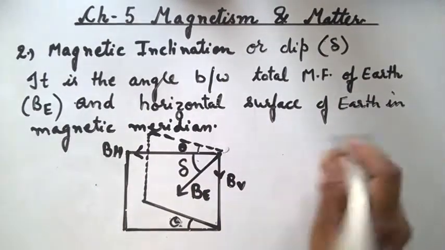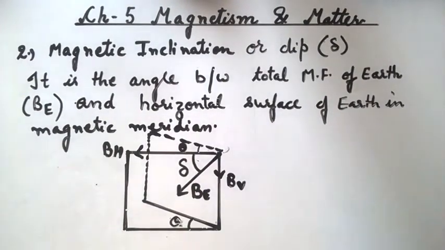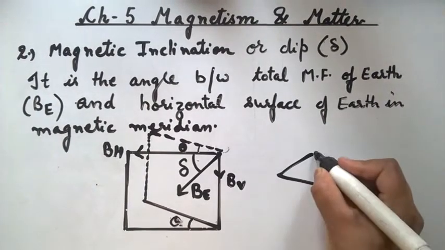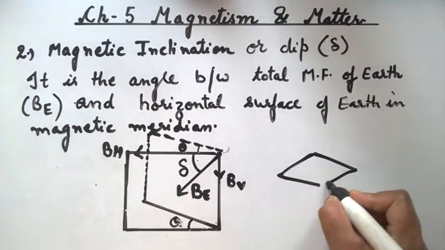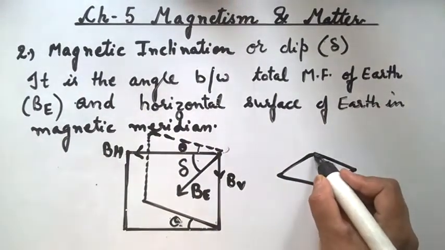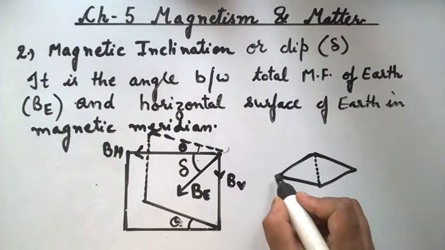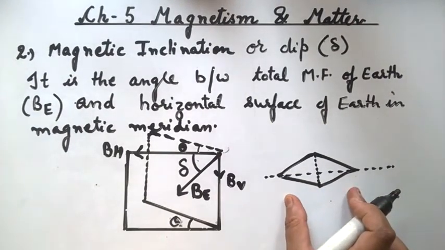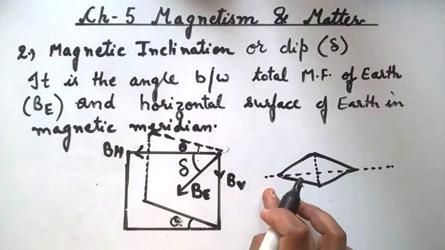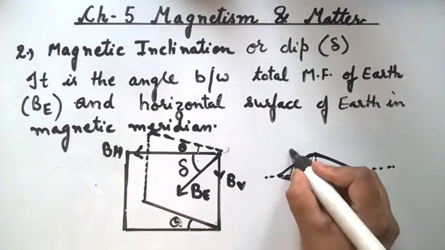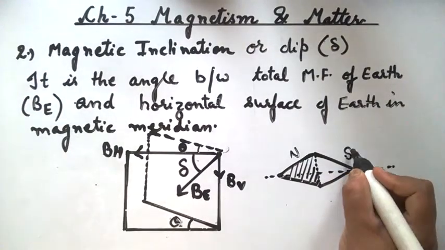We can understand it in this way: if a compass is placed horizontal and this is its horizontal axis, this is the north pole of the compass and this is the south pole.